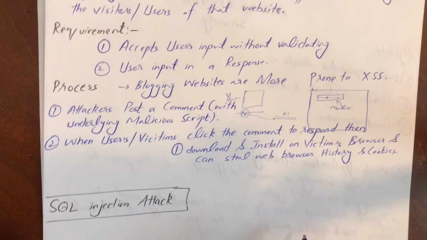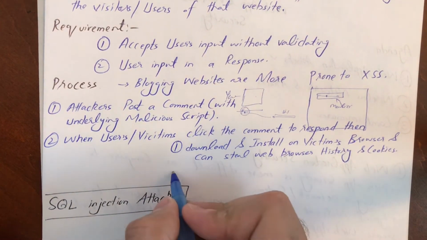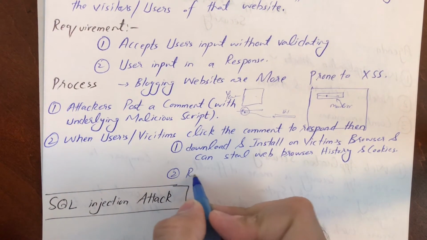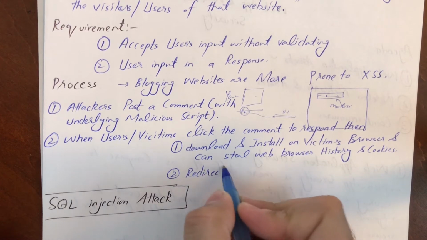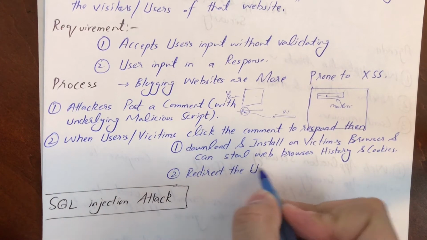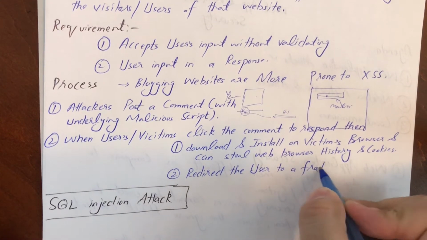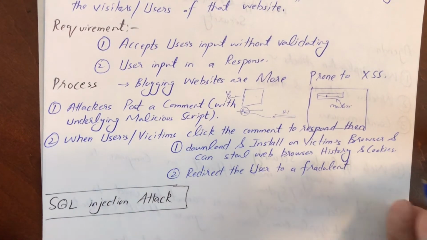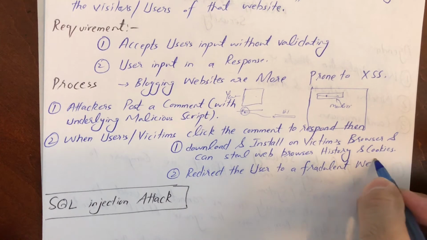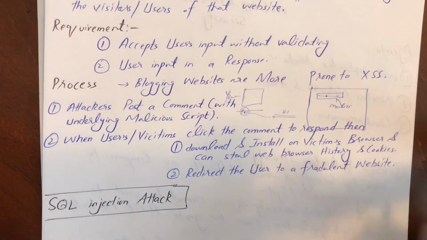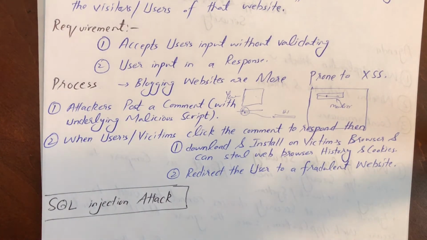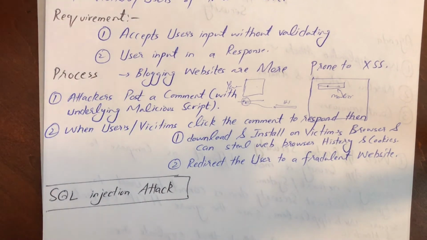Another possibility is it can redirect the user to a fraudulent website which may be set up by the attacker. So these are the two main possibilities whenever a cross-site scripting attack is executed.